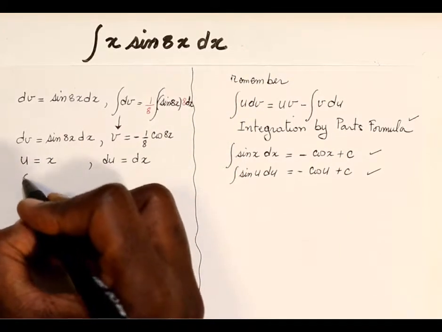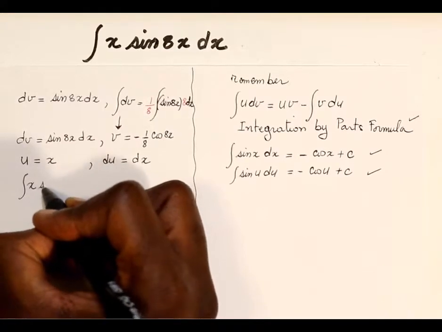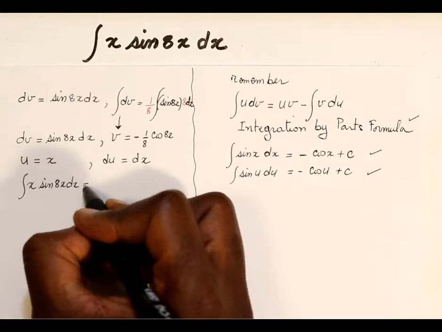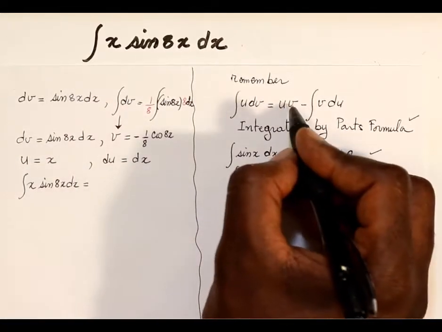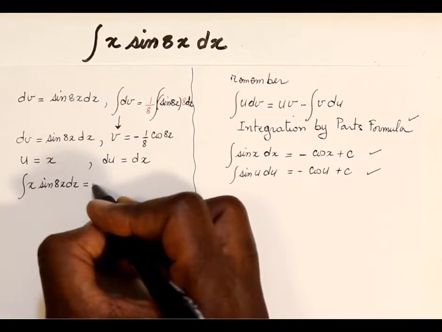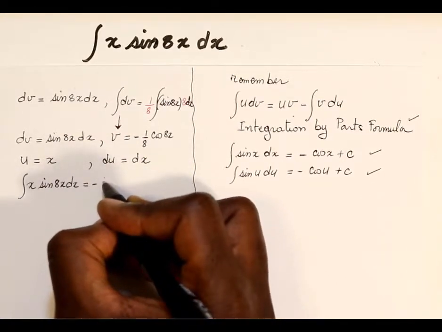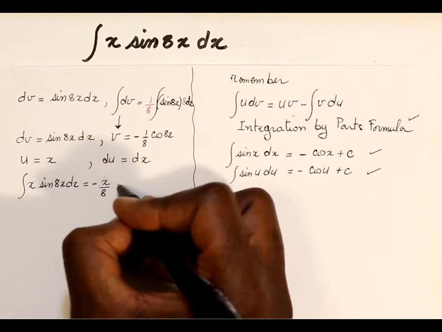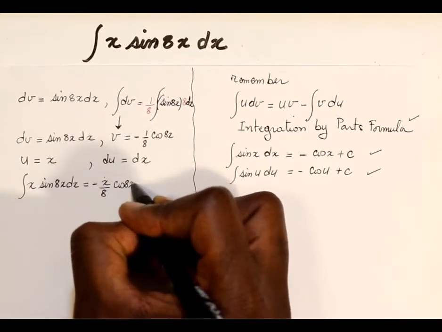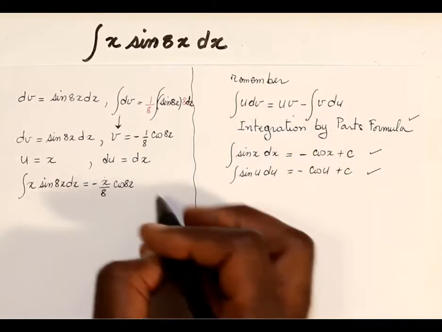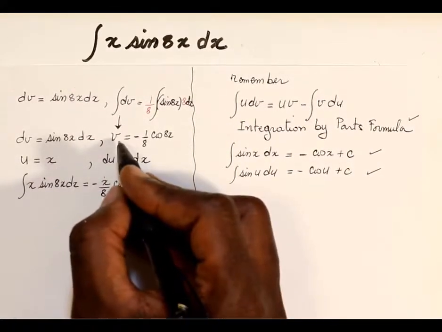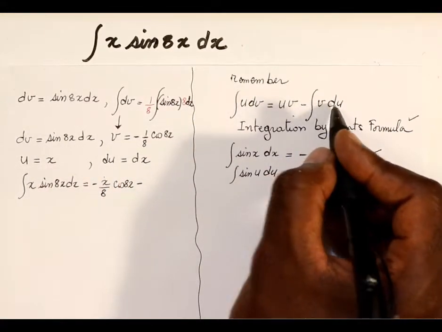Now we're just going to substitute. The u dv is our function, so the u dv is just the integral of x sine 8x dx. The uv is x times negative 1/8 cosine 8x minus v du.